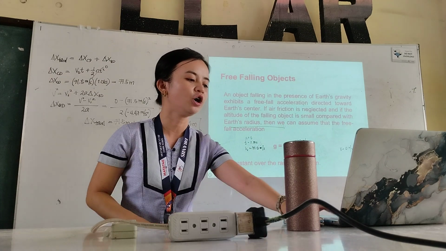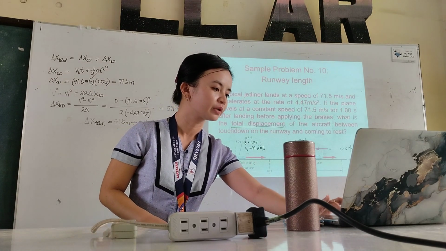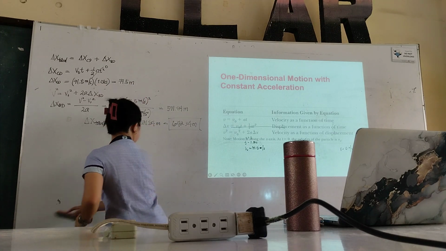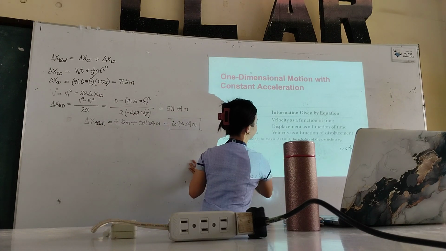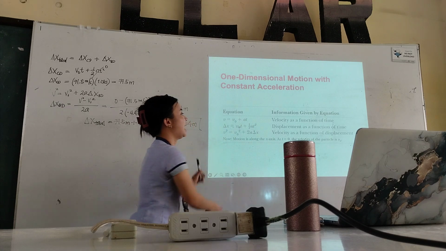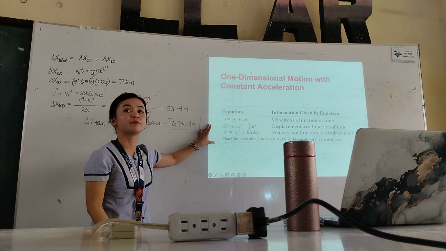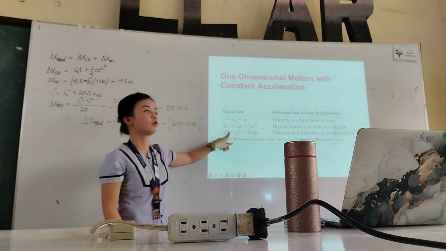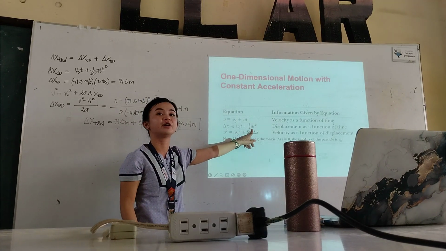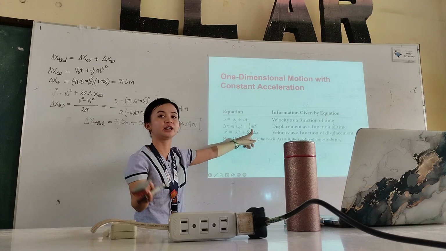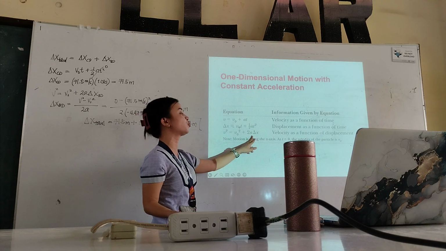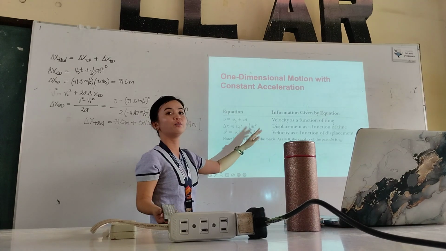So instead of having this in terms of x, we have the same equations but along y. Delta y is equal to V O t plus 1/2 g t squared, with g instead of a, and v squared equals V O squared plus 2g delta y.